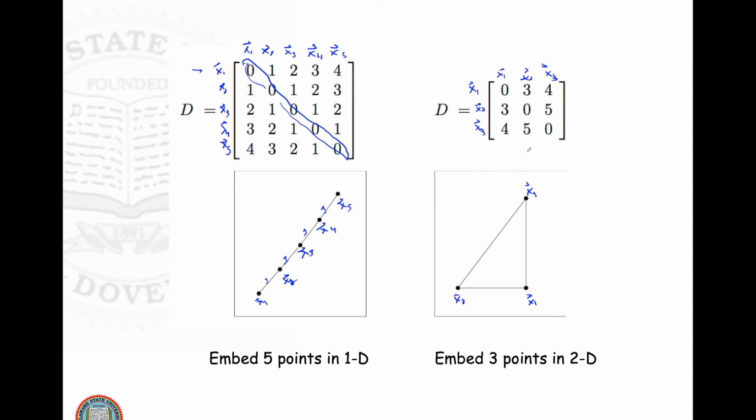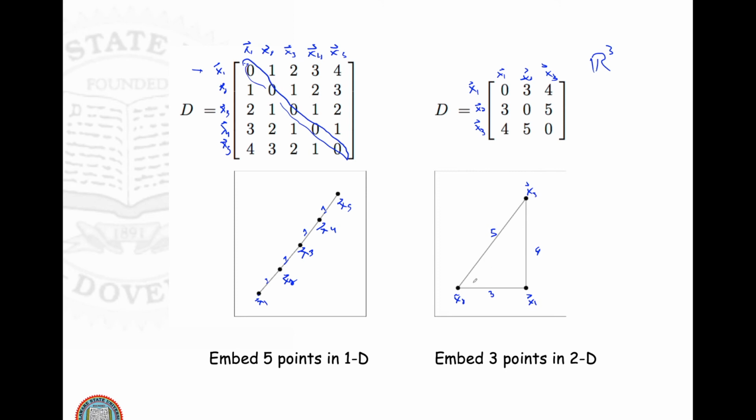Now, if we look at these distance measures, okay, well, the distance between x1 and x2 is 3, between x1 and x3 is 4. Now, if we were to take these vectors in R3 and map them into 2 dimensions, so k equals 2, we'd imagine that these are vertices of a right triangle, which has edges that are in proportion 3, 4, 5, sometimes called the 3, 4, 5 right triangle.